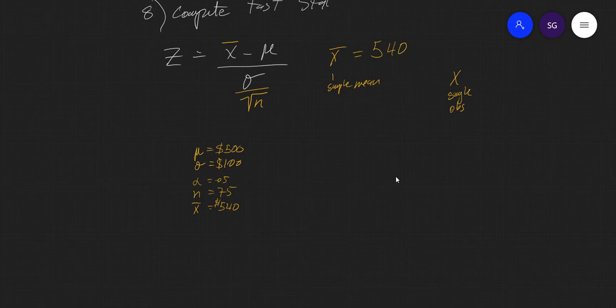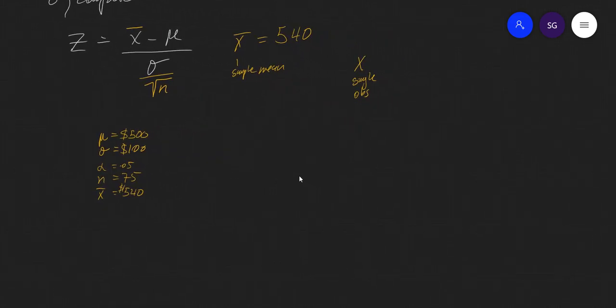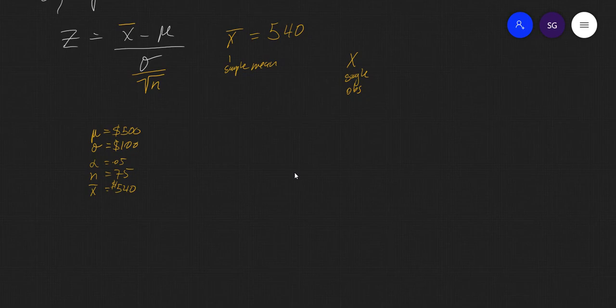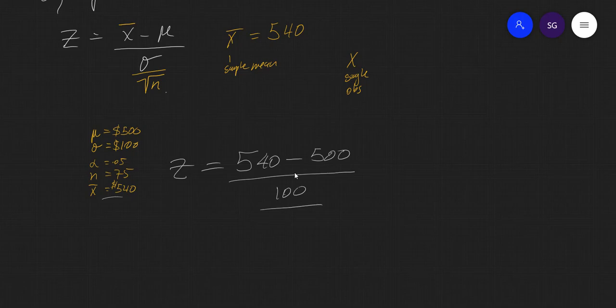All right, so let's do some plug and play here. Z is equal to x bar, which is 540, minus mu, which is 500, divided by sigma, which is 100, divided by the square root of n, which is 75.